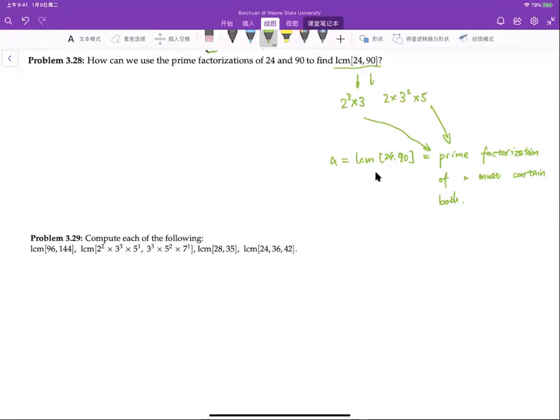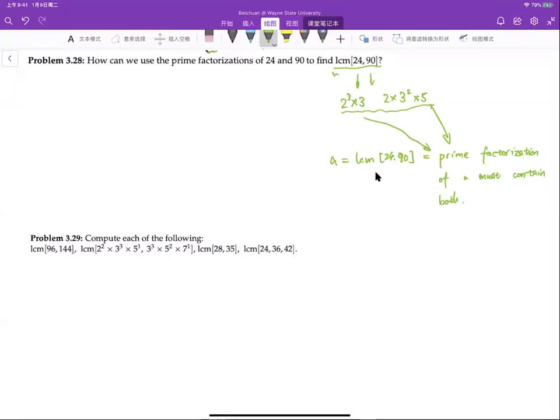And here you have to make sure that because A is the least one, which means the smallest one, we don't need any additional number in the prime factorization. We only need the smallest one. All right, so let's see. What do we need in the prime factorization of A?